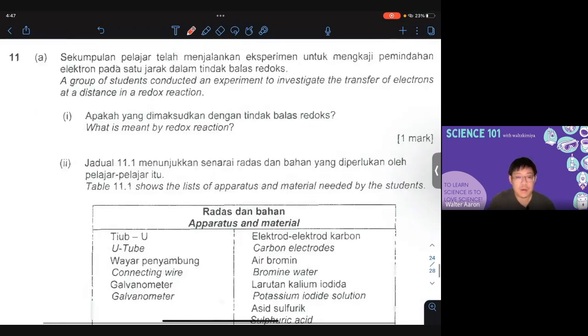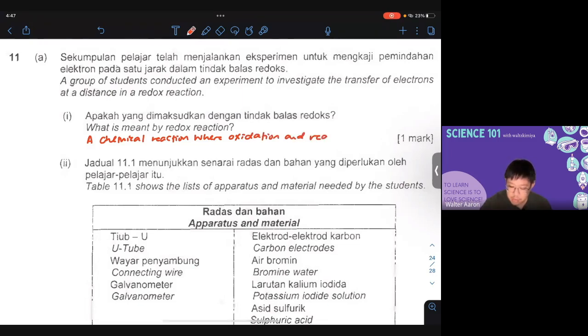So you say over here, a chemical reaction where oxidation and reduction occurs simultaneously. Okay, so you got 1 mark over there.